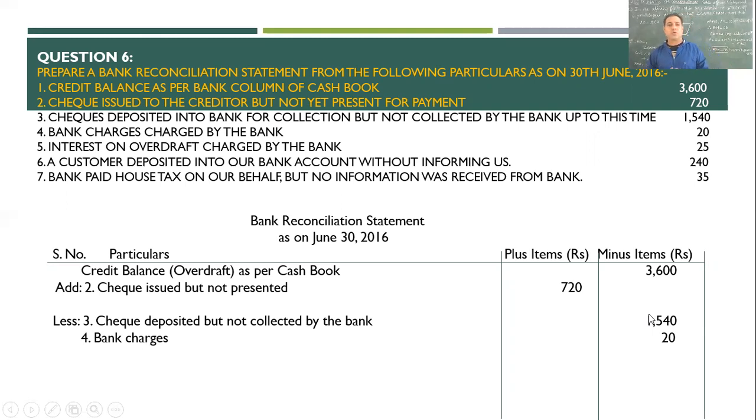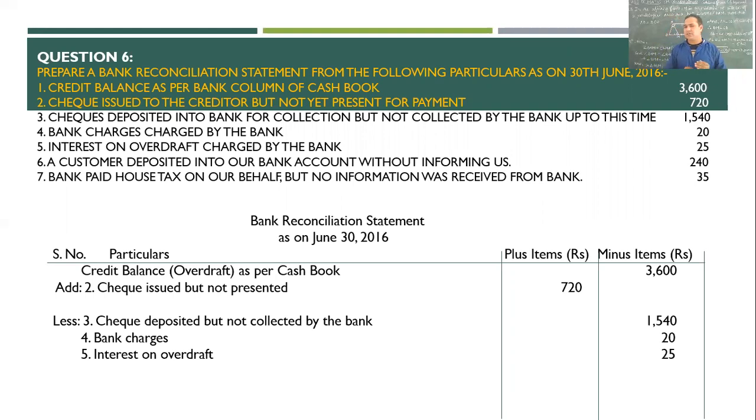Next, interest on overdraft charged by the bank. On an overdraft, the bank does not allow us interest, the bank charges interest from us, so the balance of the bank is decreased, so we will also minus it from the cash book, it goes to the minus side. Next, a customer deposited into the bank account without informing us.